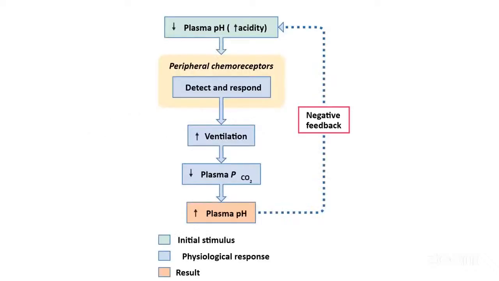Okay. So we're going to imagine a situation where we're not going to think about the cause just yet, but where our plasma pH is too low. That's acidosis. Low pH is too much acid. We already know that we have peripheral chemoreceptors that can detect carbon dioxide levels.